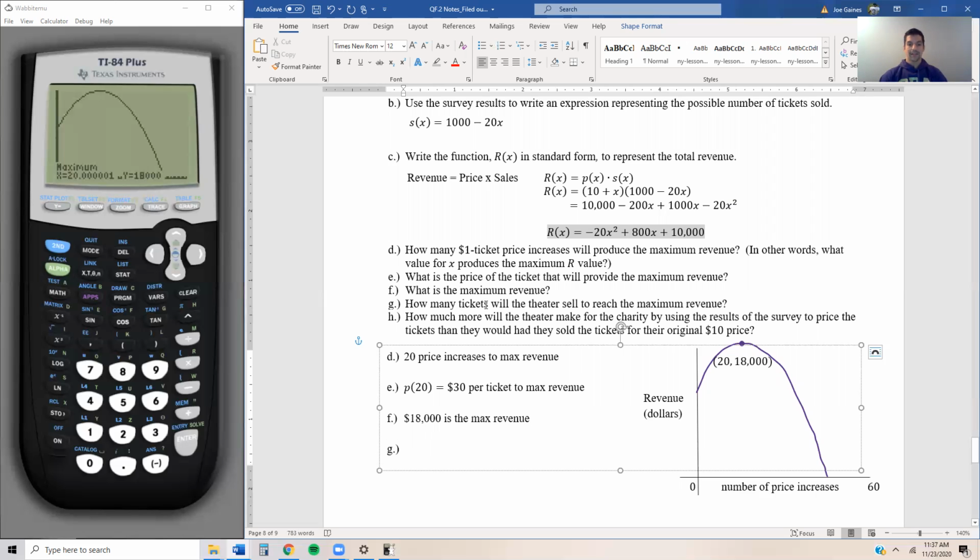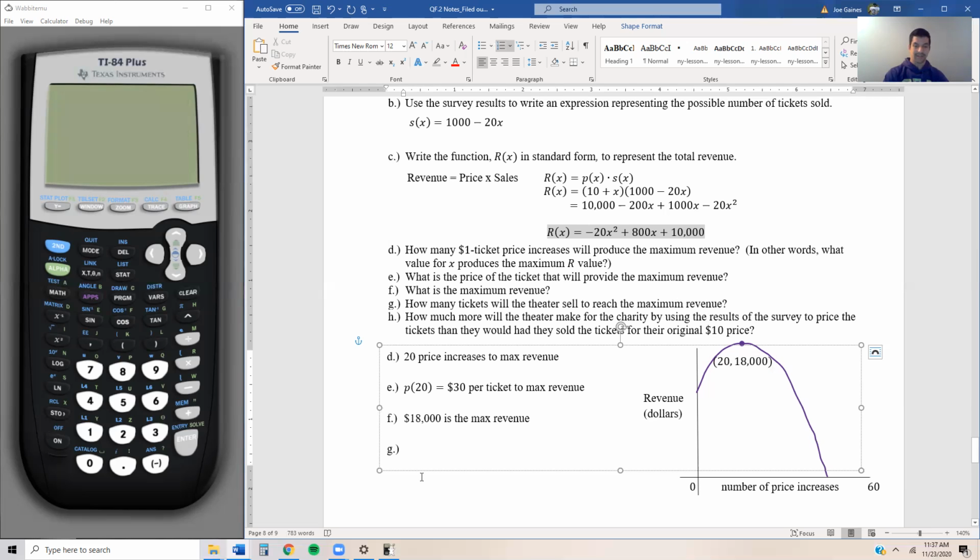It says, how many tickets will the theater need to sell to reach the maximum revenue? Going back over to my graph, it says nothing about sales. But I do have an equation up here that does tell me about sales. S of X is the sales with respect to X number of price increases. Maximum revenue is 20 price increases.